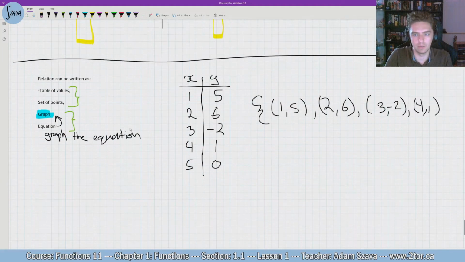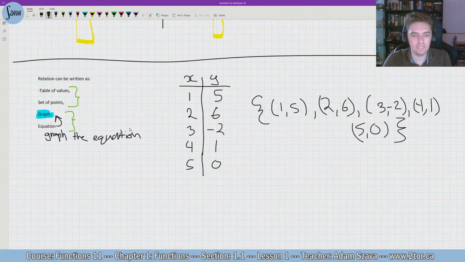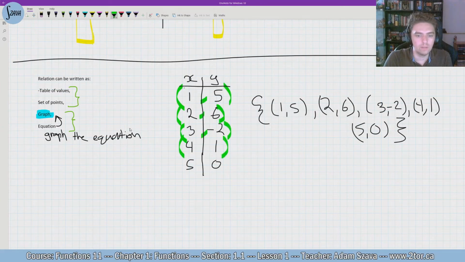I realize my camera's probably covering. That's the same thing. There's no difference here. Usually I don't draw it as a set. I usually just graph the points like that. So if you have a set of points or a table of values, that's the same thing.